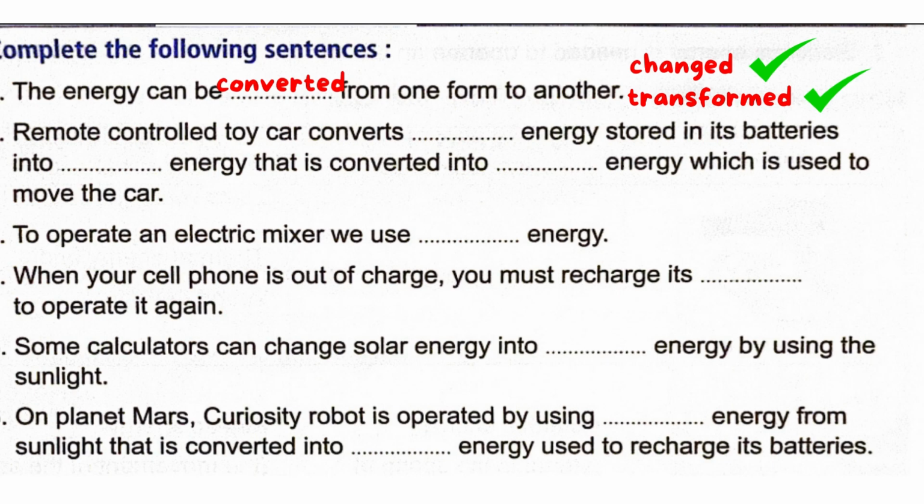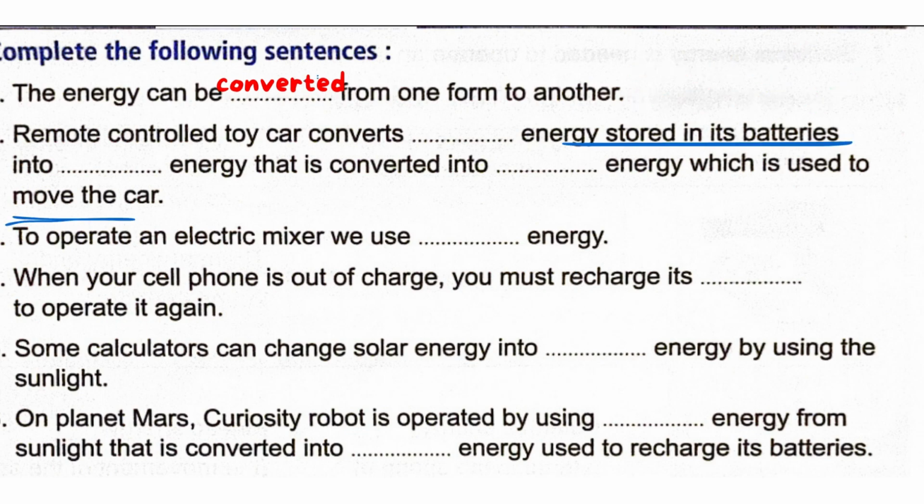So the second question we have: remote controlled toy car converts what energy that is stored in its battery into another energy that is converted into the last energy, which is used to move the car. So we will take each part separately.